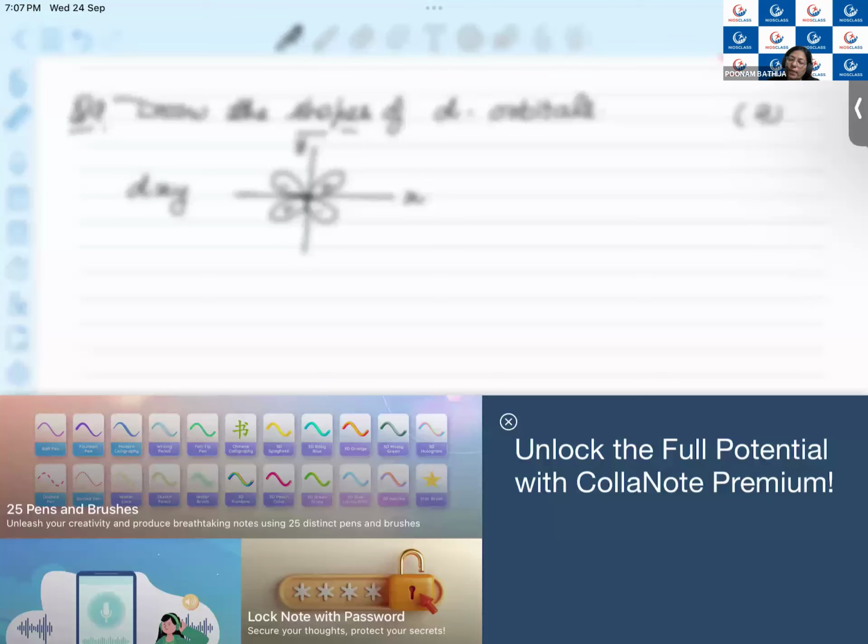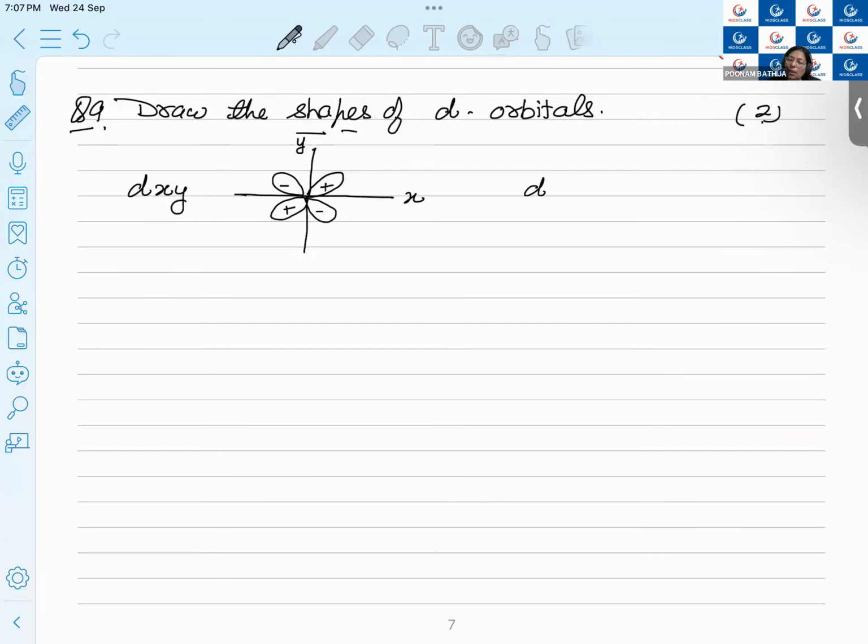Then we have to represent dyz. Then we will mark it as Y and Z, because this is a 2D plane and these axes lie in the 3D, three-dimensional plane. So this is the convention adopted to show three-dimensional figures on the 2D plane.